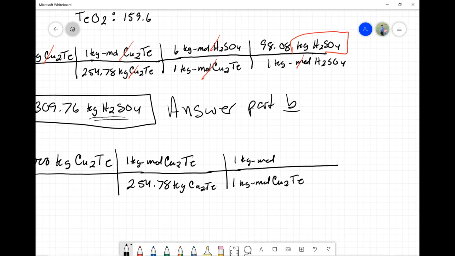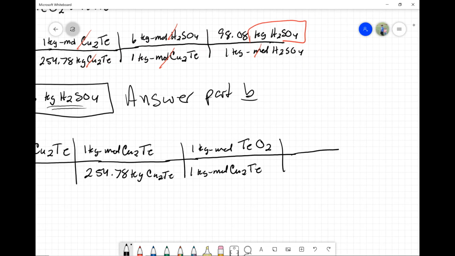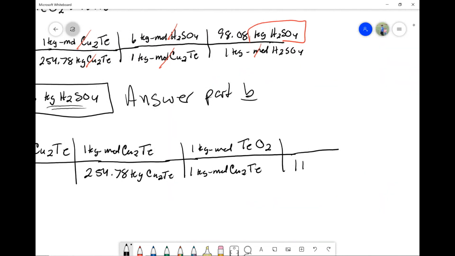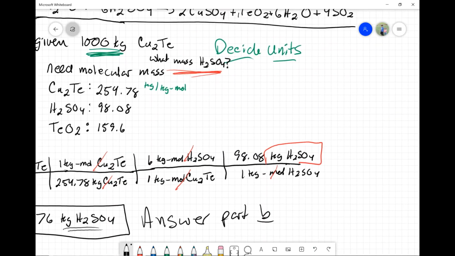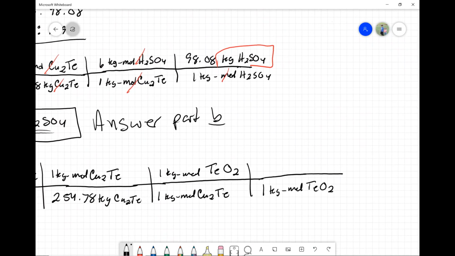TeO2. And so 1 kilogram mole of TeO2 we said was 159.6 kilograms.